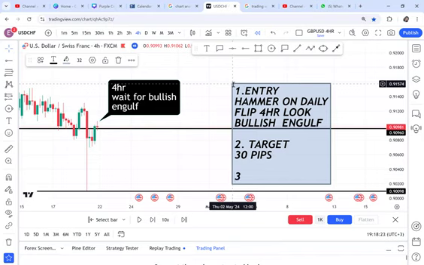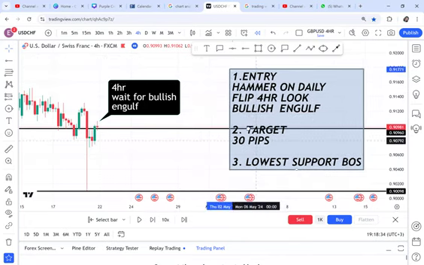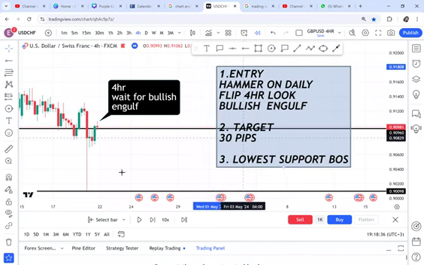And then for the exit, I will mark the lowest support, BOS. If that lowest support has been broken, just close that trade. If you are not lucky, you will try again.